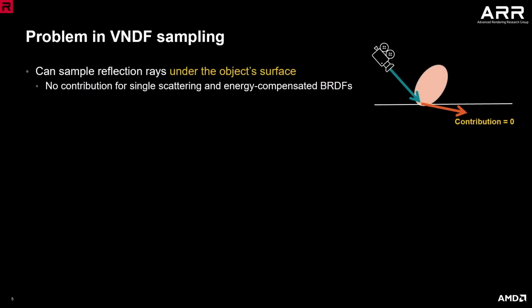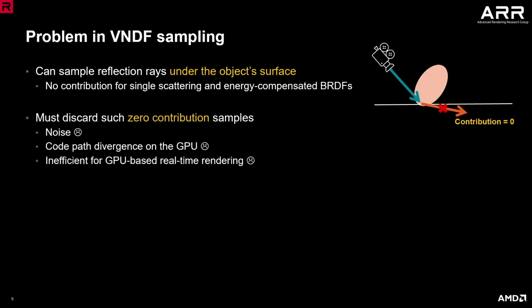The sample direction can go under the object's surface, as shown in the right figure. And for reflection rendering, we need to discard such zero contribution samples. It makes the sampling efficiency worse and increases the noise in the rendered image. Also, this discarding increases the code path divergence and reduces the thread occupancy on the GPU. Thus, it can be inefficient for GPU-based real-time rendering.